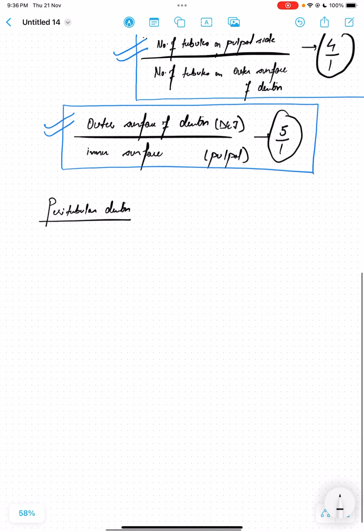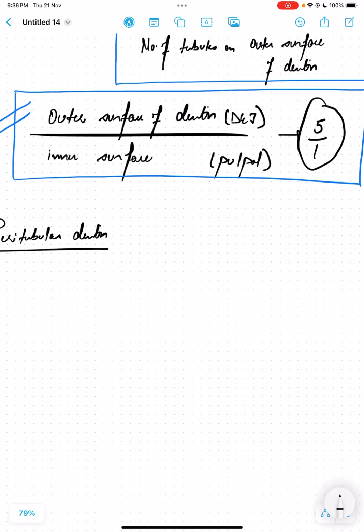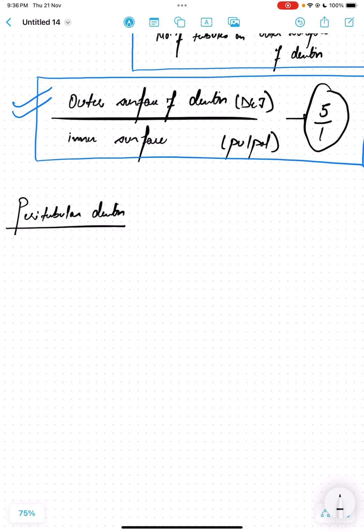Next, we are going to study what is peritubular dentin, and also intertubular dentin. Suppose this is our dentin. As the name suggests, intertubular means between the tubules.